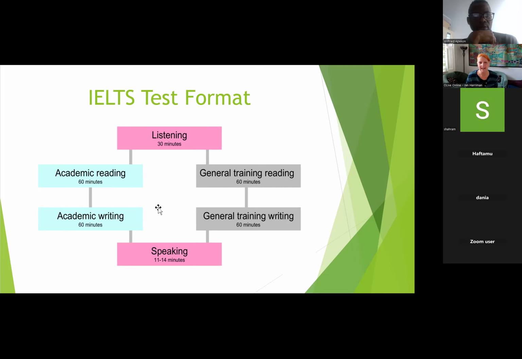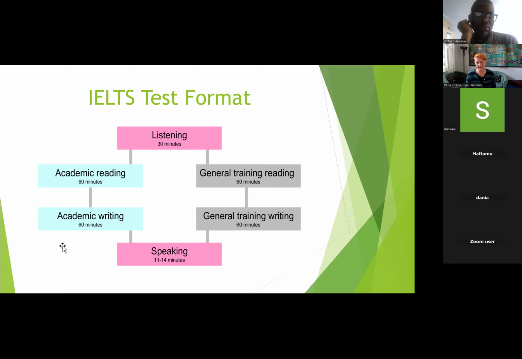In the academic reading, the texts are academic articles, not anything with a specialist vocabulary, all written for general knowledge students. In the general training reading, it's more advertisements, business documents, and that sort of thing.